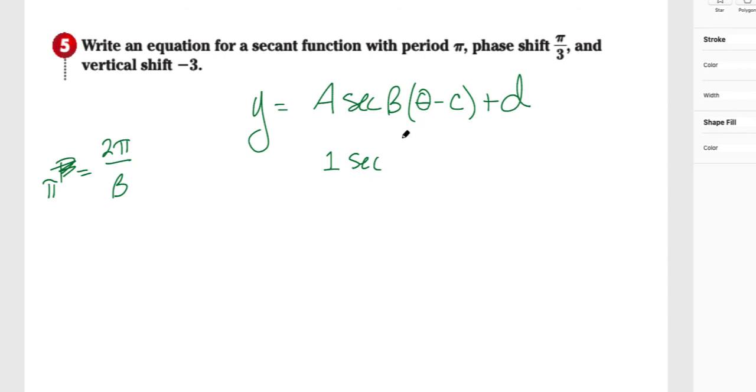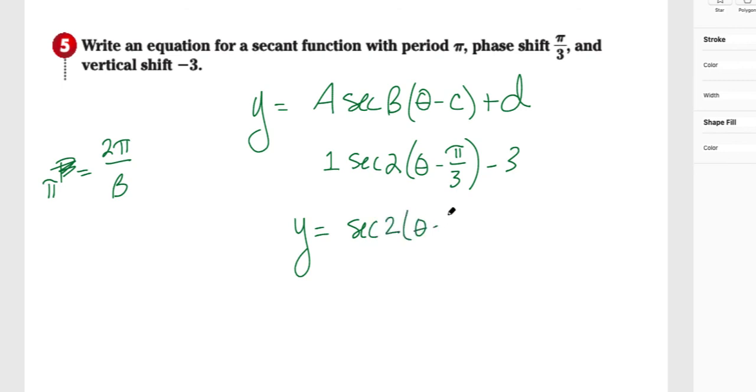Are you guys with me? So therefore 2 times theta minus the phase shift, which is pi over 3. We're just going to plug that in right there. And that vertical shift is just down 3, so -3. So finally we get y is equal to the secant of 2 times theta minus pi over 3, minus 3.